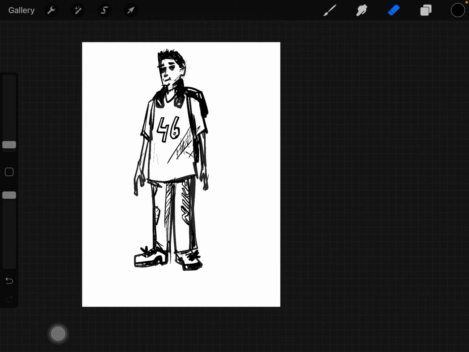Now it is much more clear than the earlier drawing that this is a college guy or something. Even if it was clear before, this shows much more detailing in the costume the character is wearing or whatever, right? So these things must be done.